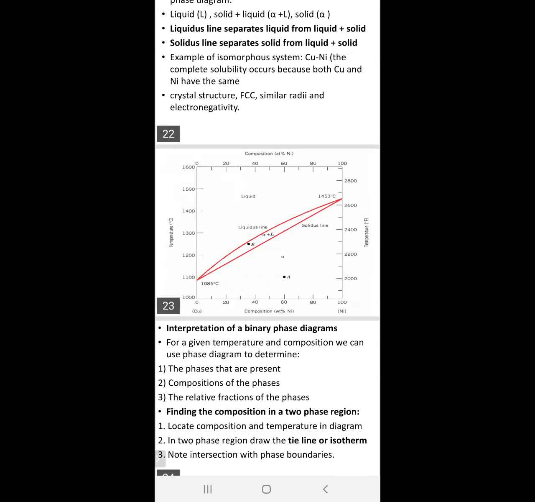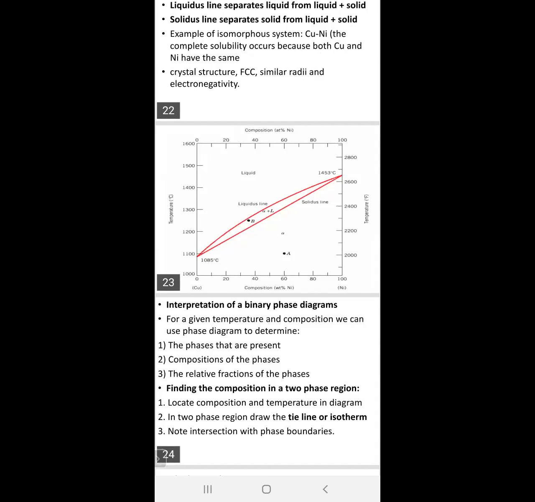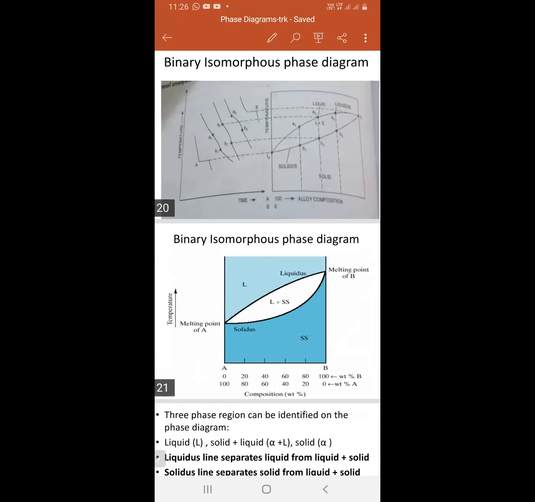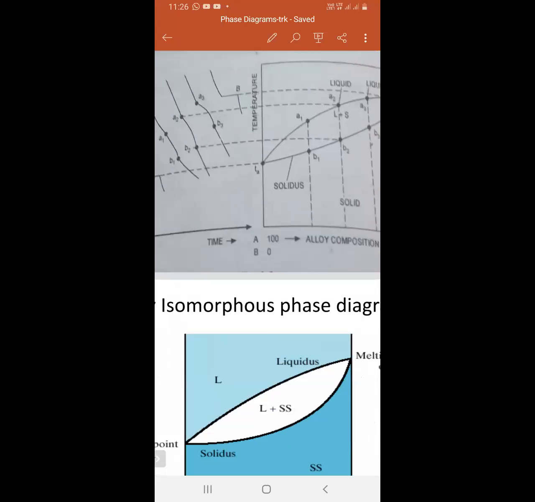Then we have to start cooling. Cooling means to decrease the temperature. If you reduce the temperature, automatically what will happen? Solidification will start. In the figure above, I told you: solidification starts at A and ends at B1.